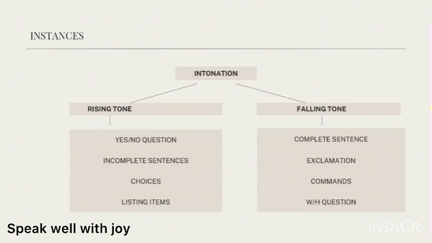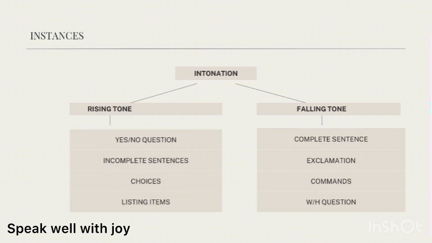When you're trying to say more than one item, you use your rising tone. So at the market, I bought rice, beans, banana, and potato. But at the end of the sentence, you have to fall.